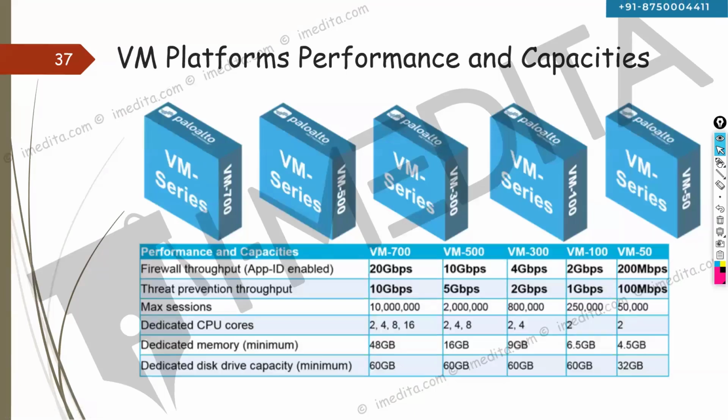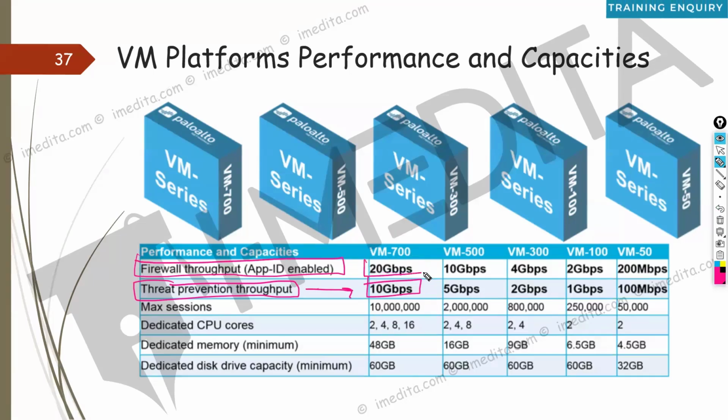When you compare VM platforms and their performance and capacity, there is a VM-50 to VM-700 comparison here. You can achieve 100 Mbps to 20 Gbps throughput. There are two types of throughput. Threat prevention throughput is 10 Gbps. Next, we have firewall throughput, which is 20 Gbps.